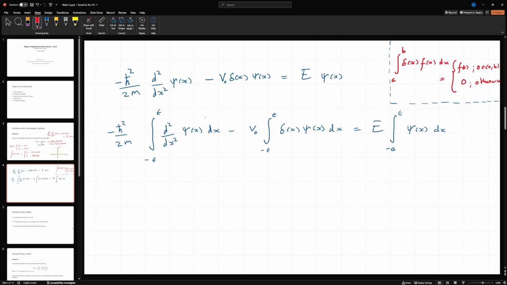Now this particular integral here is the second derivative of my wave function. If I integrate the second derivative of the wave function, we get the first derivative. I technically am doing the second step first, but that doesn't matter.